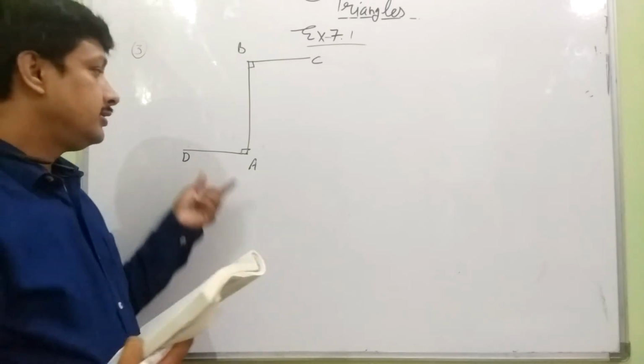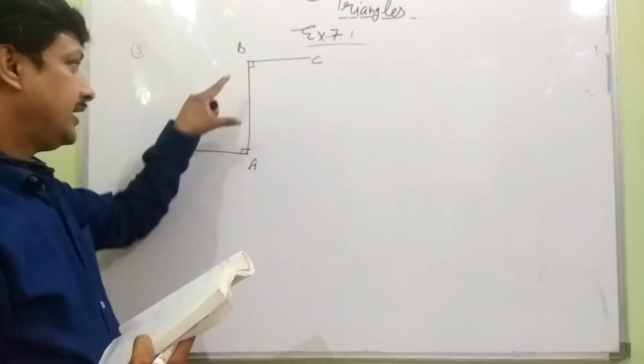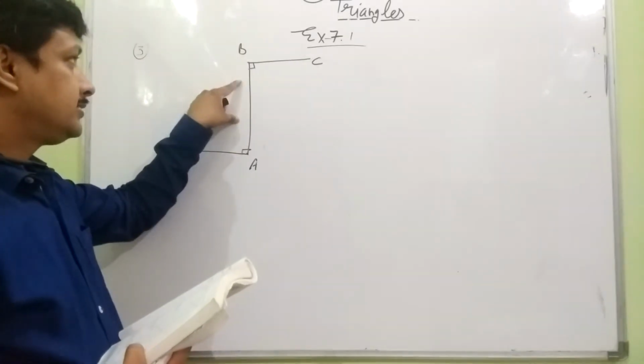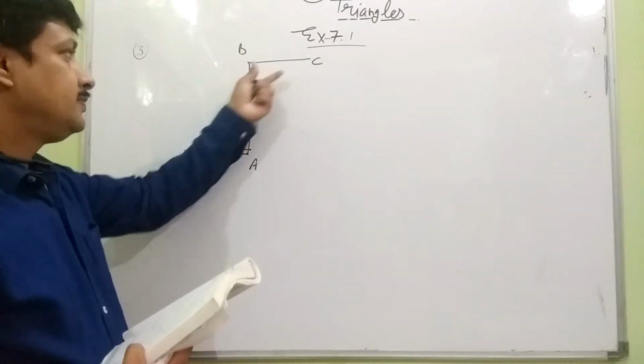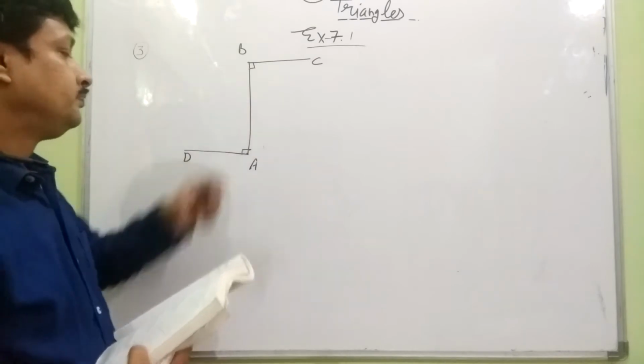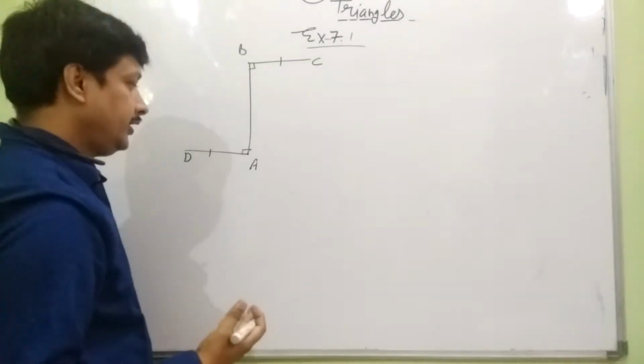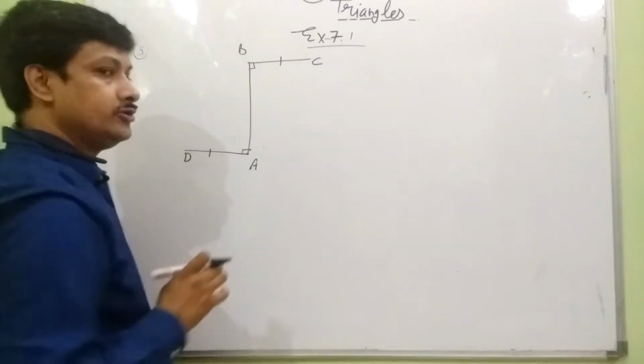You know, perpendicular means the line which makes a 90-degree angle with the other line. So AD is perpendicular to AB as well as BC is also perpendicular to AB. At the same time, their lengths are equal. AD is equal to BC also.